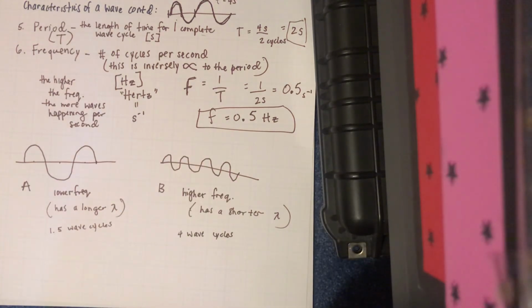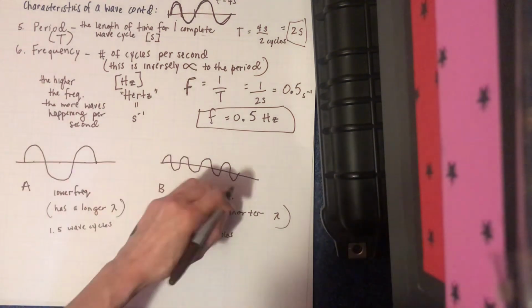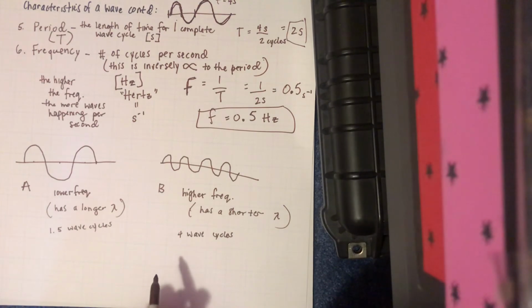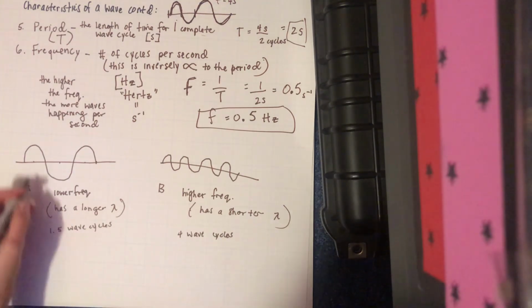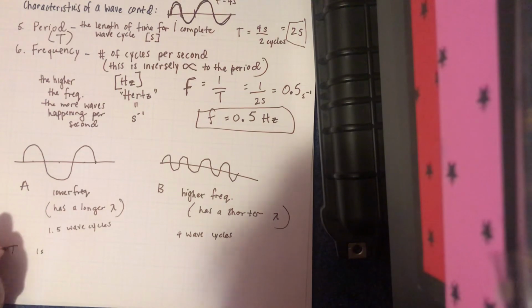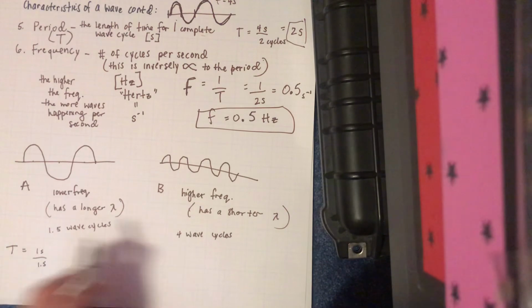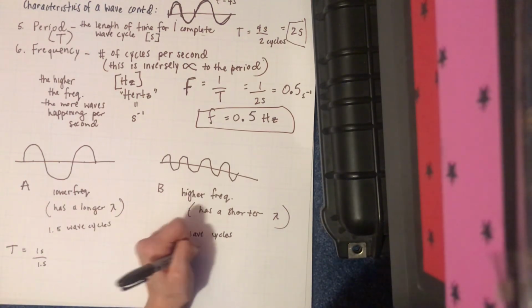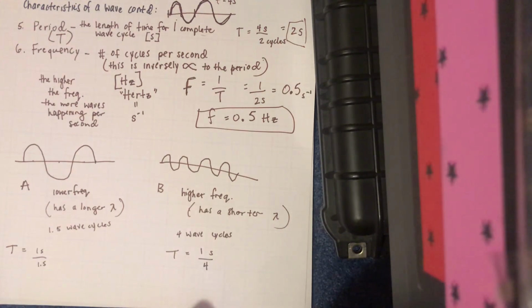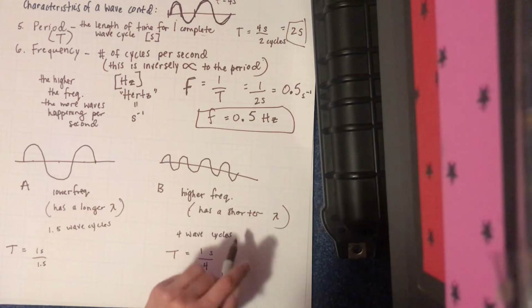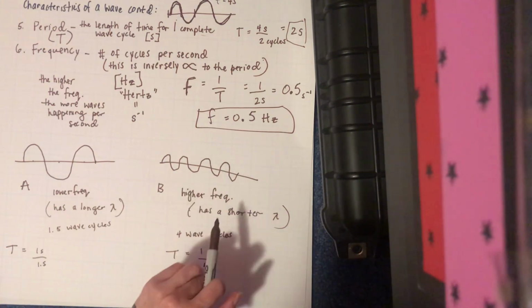So if you wanted to figure out what is the period here, let's say these were both happening within 1 second. So the period would be 1 second. So if we were to solve for the period, 1 second over 1.5 waves. On the other hand, over here, the period would be equal to 1 second over 4 waves. Okay, so we can see the period is going to be smaller here, which means that it's going to have a higher frequency.